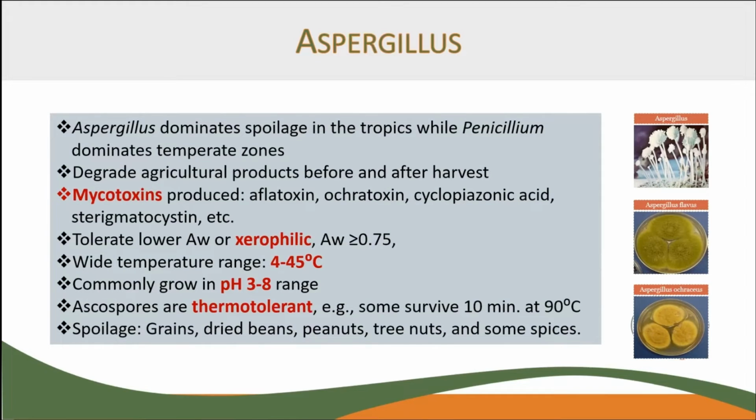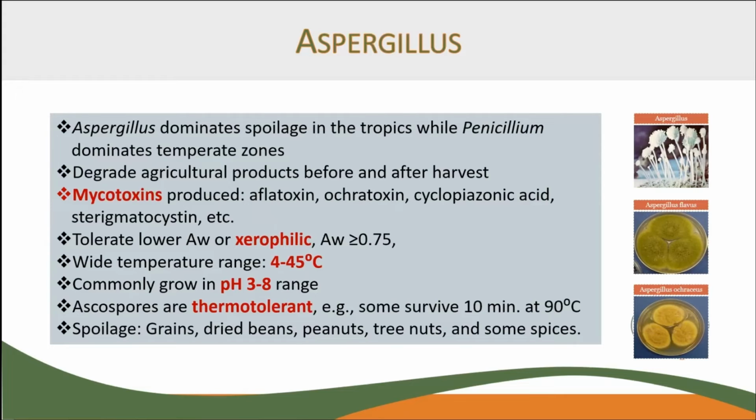For crops after harvest, the water activity is low, but it's not low enough to stop Aspergillus from growing. And the mycotoxins they produce include really potent ones like aflatoxin and ochratoxin, and other not very potent ones. They also have a wide range of temperature and pH at which they can grow.